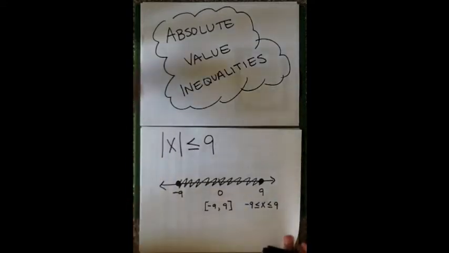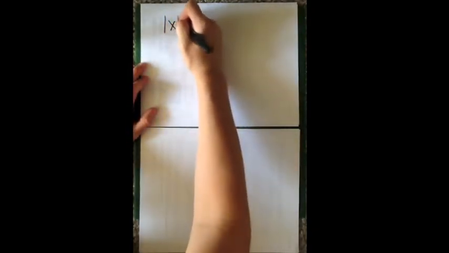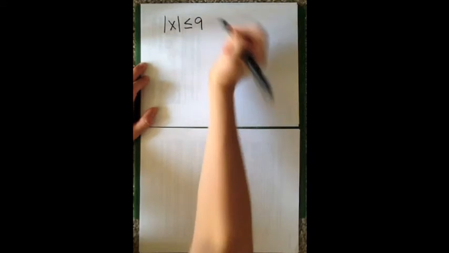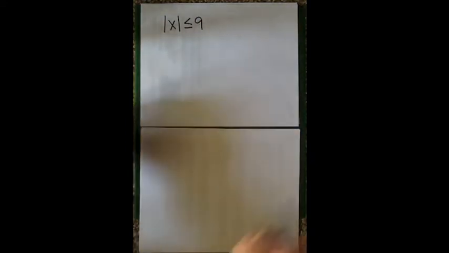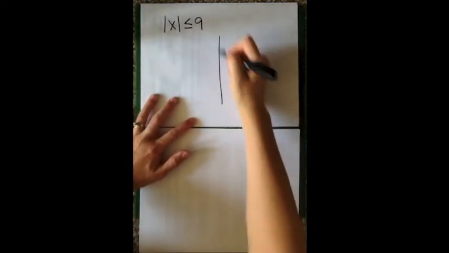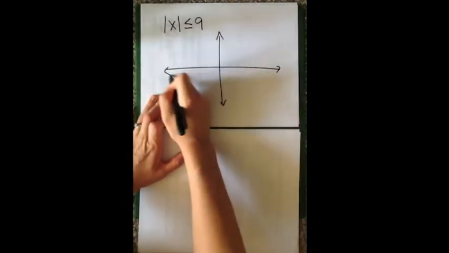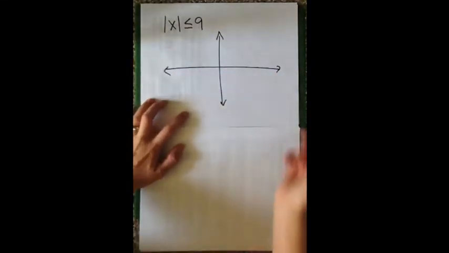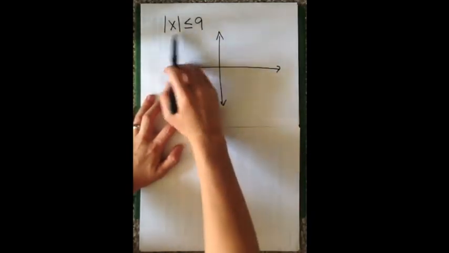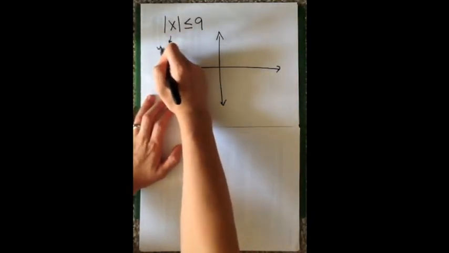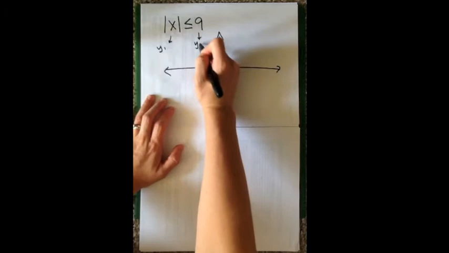We can also look at it in terms of an XY grid. So if I look at that same inequality, absolute value of x less than or equal to 9, on an XY coordinate grid, that means absolute value of x is one of my equations, so this would be like y1. This would be y2.